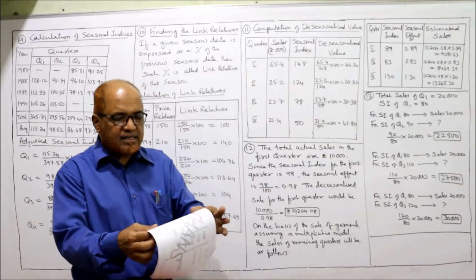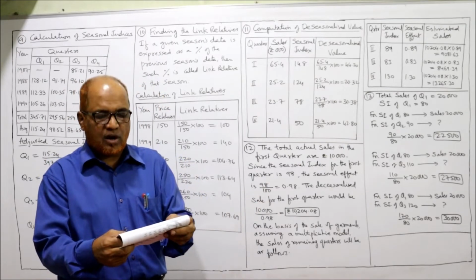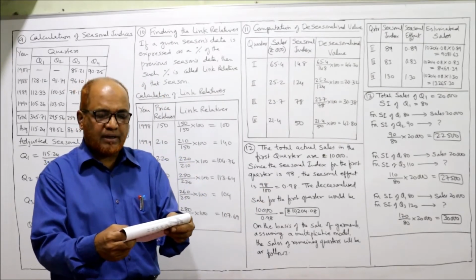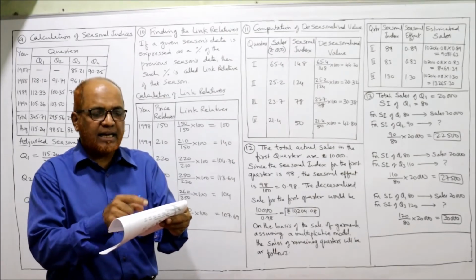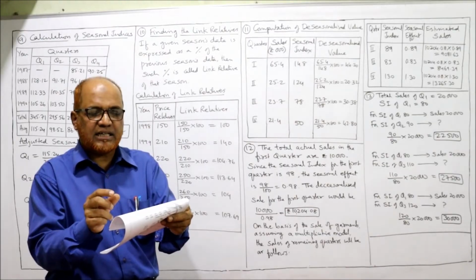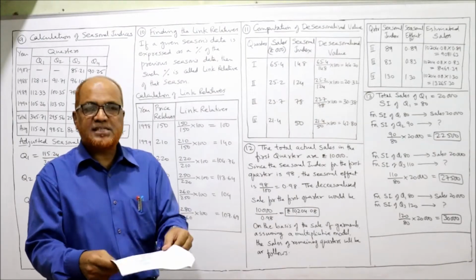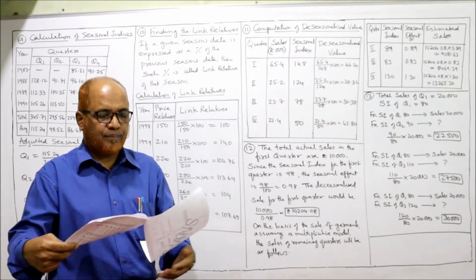Next, problem 12. The seasonal indices of the sale of garments of a particular type are given below. Quarter 1, 2, 3, 4. Seasonal indexes are given: 98, 89, 83, 130. Seasonal index for each quarter.